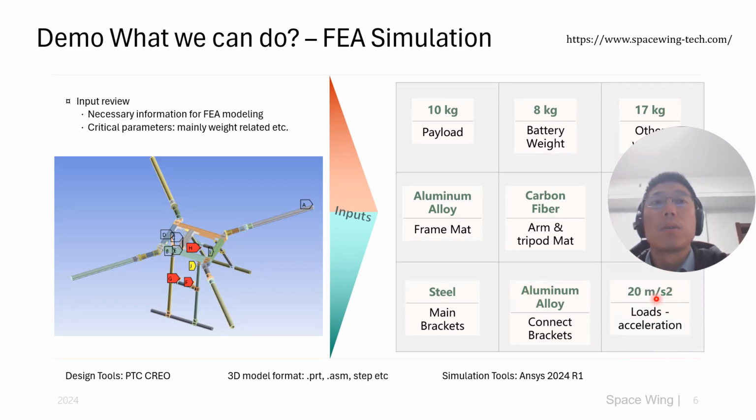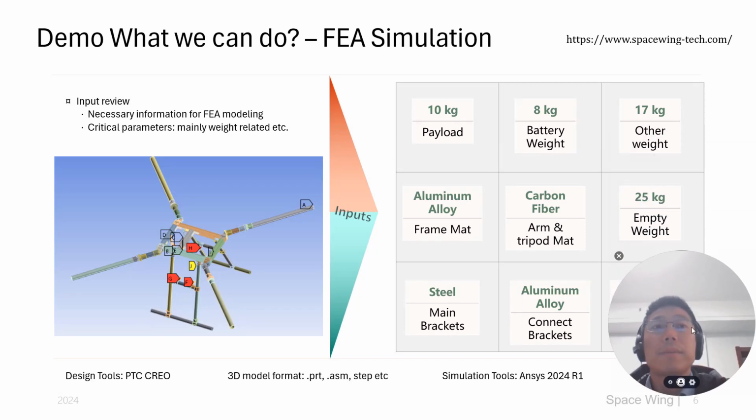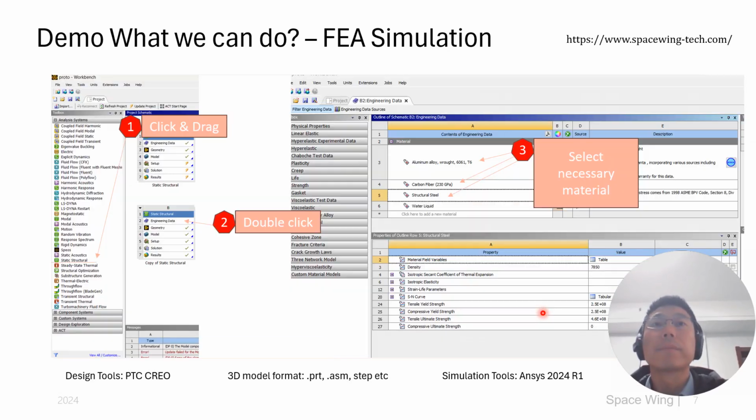And also, to simulate the worst case, we will apply an acceleration of 20 meters per square second.